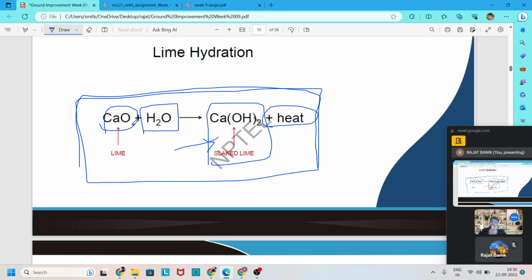So when we apply lime, it absorbs the water and also creates some heat. So it reduces the water in two ways: during the chemical reaction, and after it, by creating heat, and this heat is used to further evaporate the water from the soil.